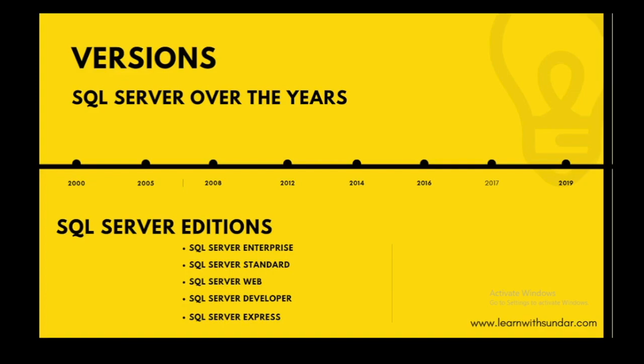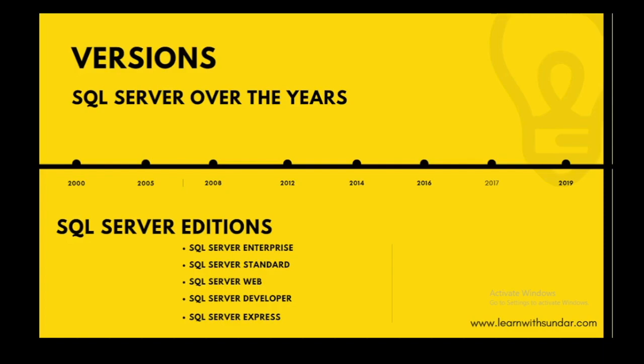However, the partnership between these two ended in the early 90s. But Microsoft maintained the ownership rights and renamed it to SQL Server. Since the early 90s, various versions of SQL Server have been released, including SQL Server 2000, 2005, 2008, 2012, 2014, 2016, 2017, and now 2019.